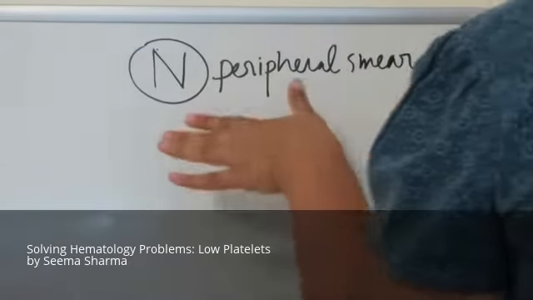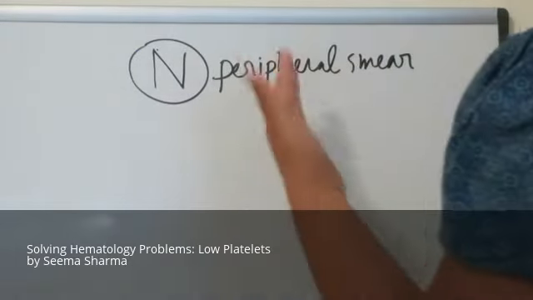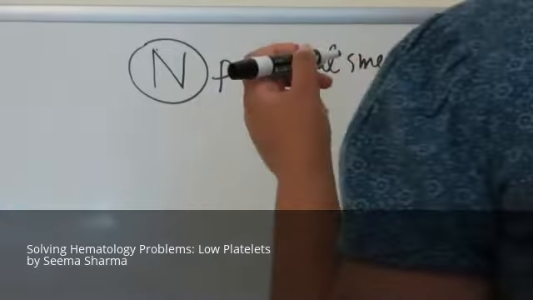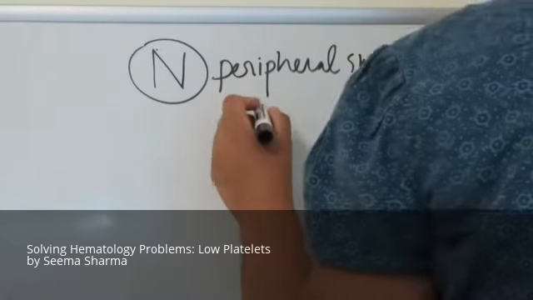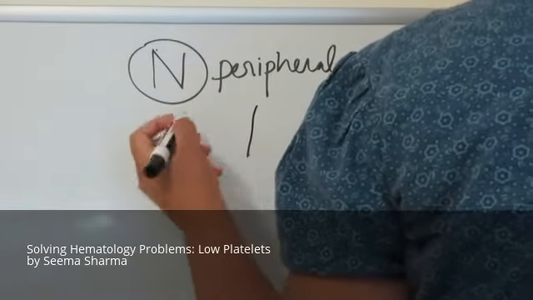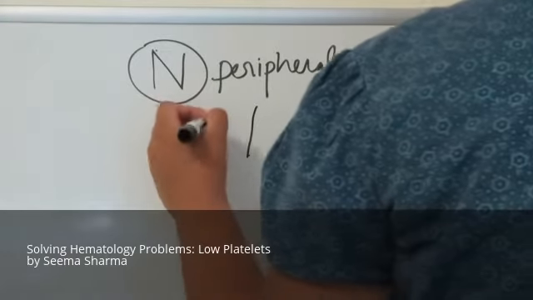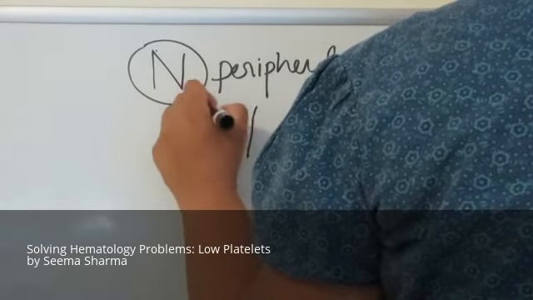So in the cases where you have a normal peripheral smear, you're going to look at whether the PTT is normal or not.